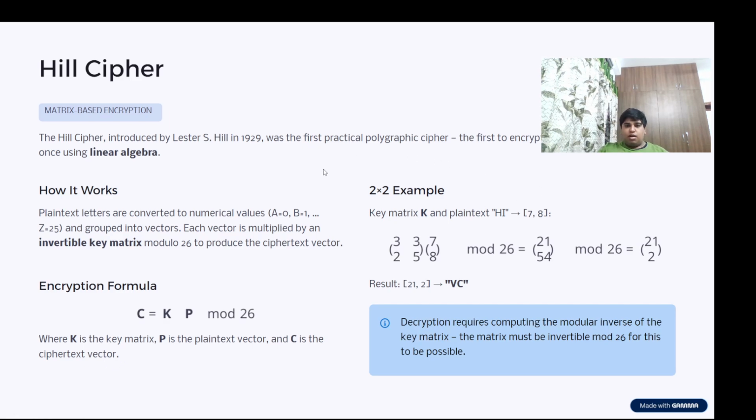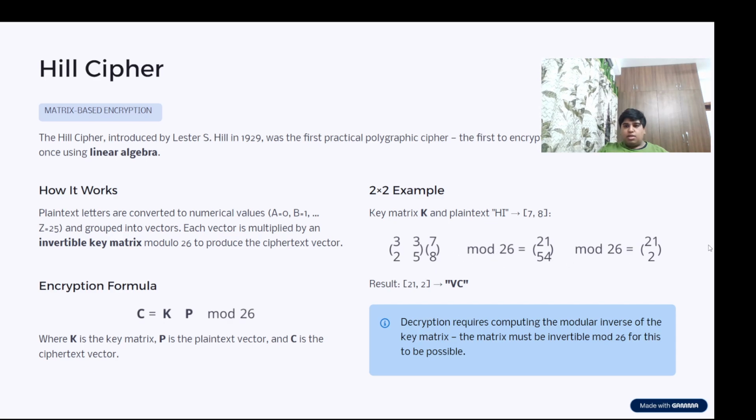For our understanding, we have taken an example of a 2 by 2 matrix. The key matrix K and plain text P are given like this. 3 3 2 5 is the key matrix, whereas 7 8 is the plain text vector.